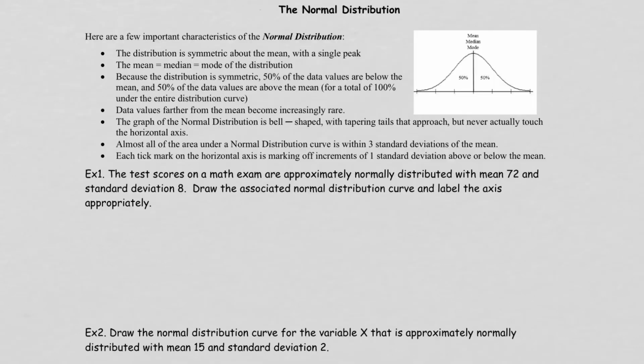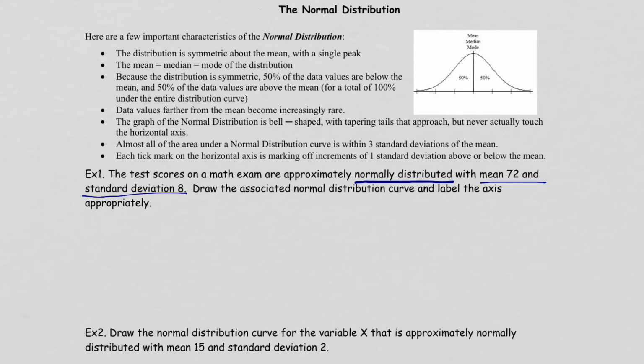Let me go back. With that information, we want to see if we can answer example 1. This is the normal distribution, right? So we need to make sure we have that information. Then we can always use the normal distribution definitions, and the mean is 72, standard deviation 8.